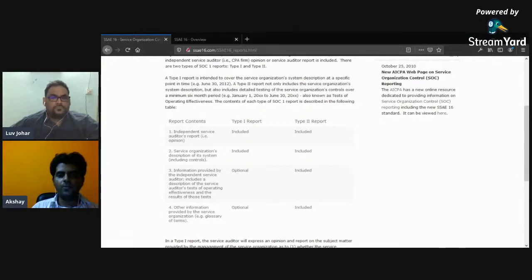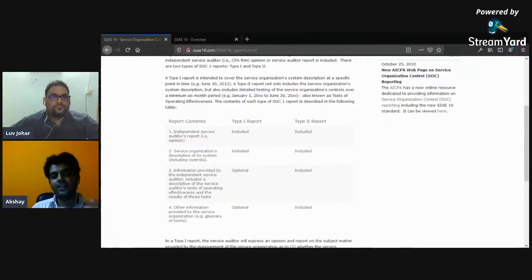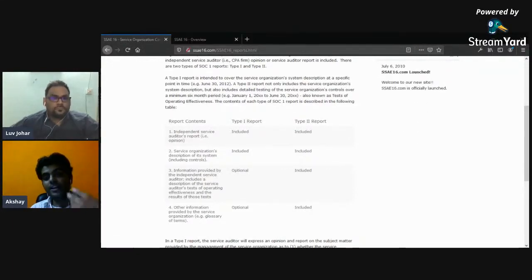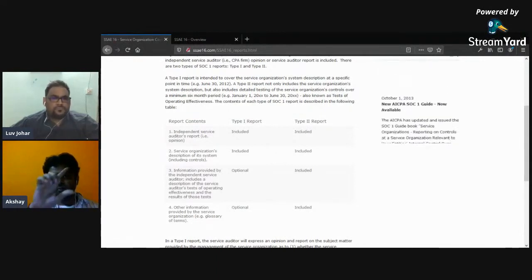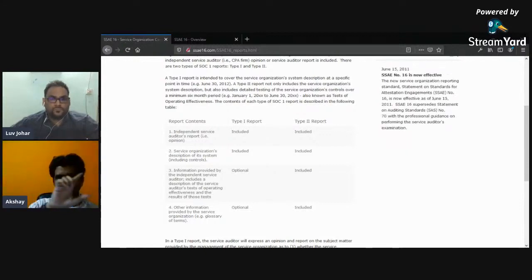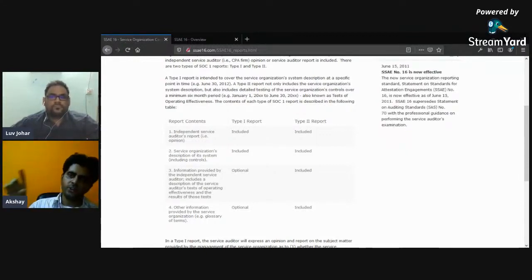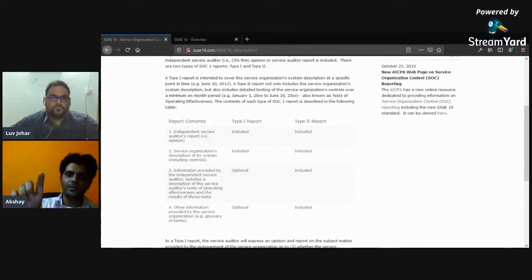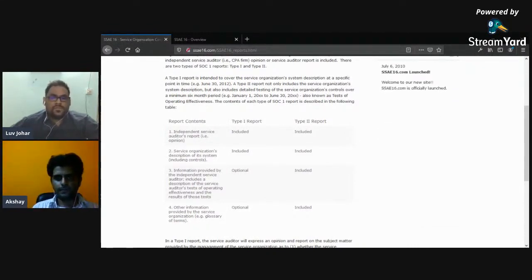There will be a couple of controls that you would desire for your user entity to follow as well. So you have to be very specific in the limitations of what your controls are. You have to be very specific in the exceptions that you have. You may very well have them, you may very well put them in place, but you have to declare them in the report itself. Yeah, absolutely.